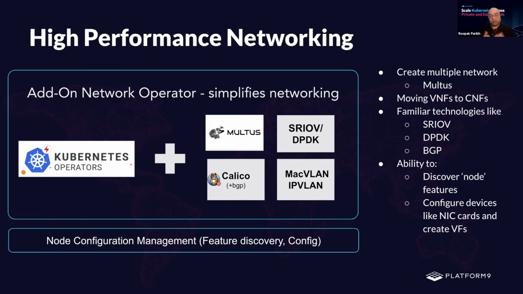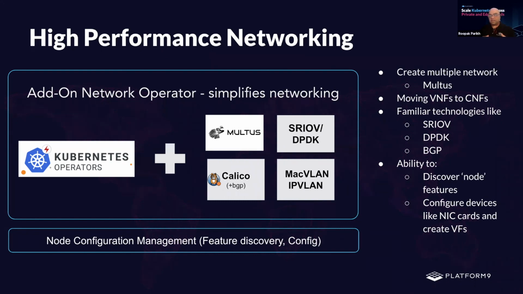Now this is all great, but if you look at how to configure a server with, let's say, SRIOV and DPDK, there are tons of steps you need to configure in the operating systems, and so on and so forth. So one of the things that we have done at Platform 9 is really make it easy using what the industry calls Kubernetes operators.